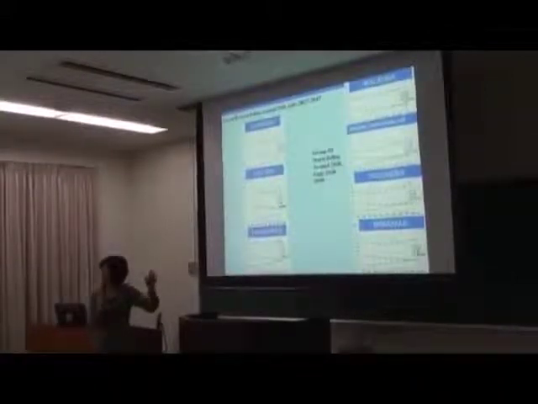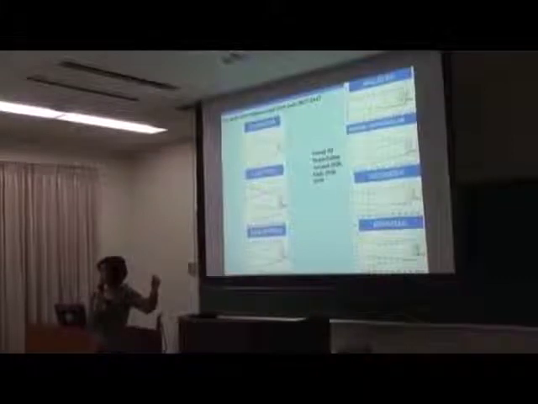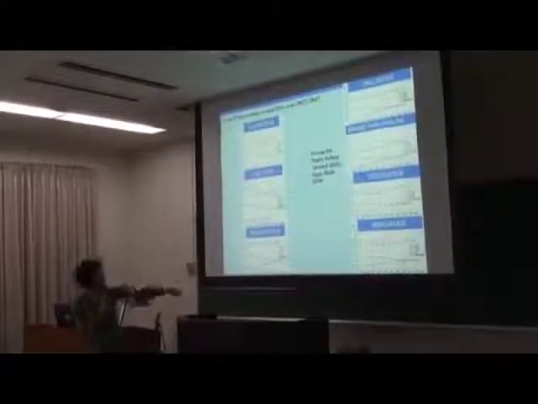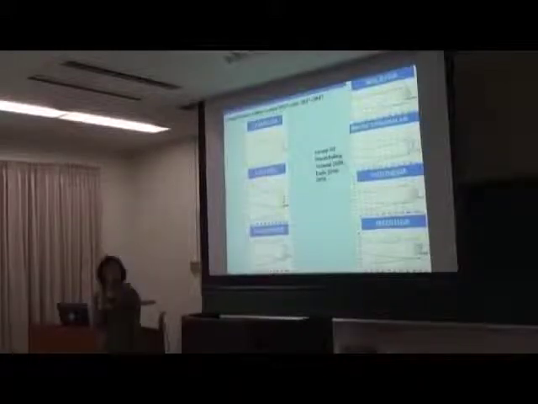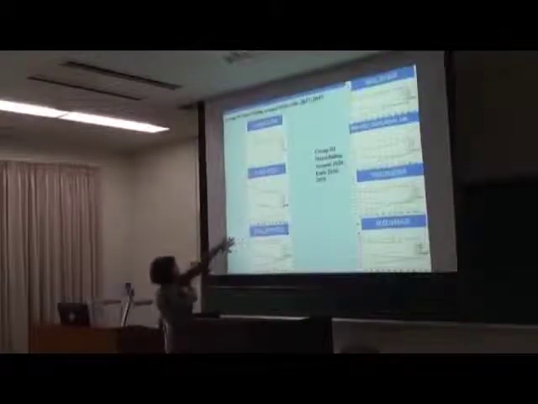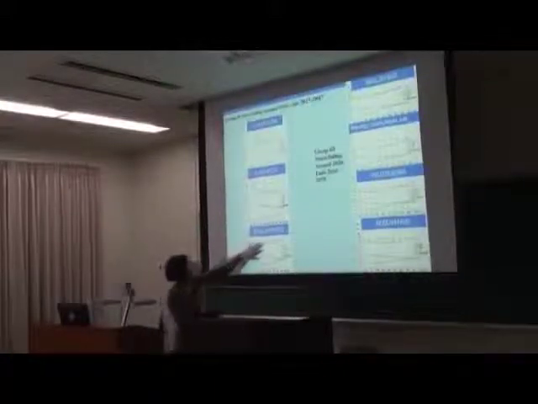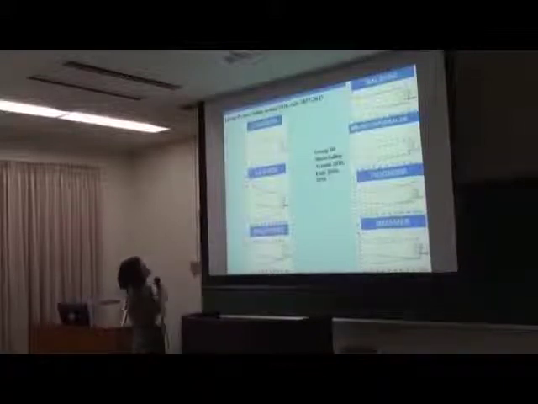Here you will see that the period of demographic dividend is relatively short compared to the others. Because here, before that, there is still a long way to come. Okay. And then here, Laos PDR.